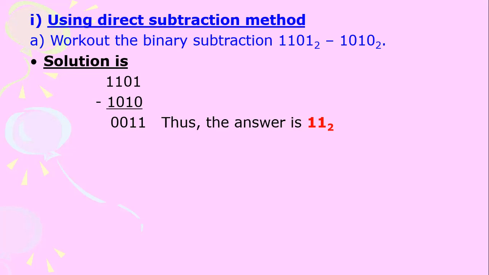So we carry 1, or we borrow 1 from the other column, the value which is immediate to our 0 on the most significant side, that is on its left side. So we borrow 1 from 1.